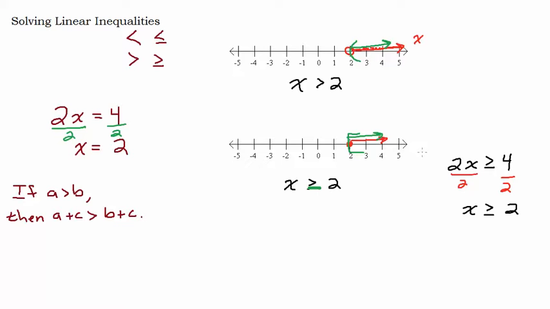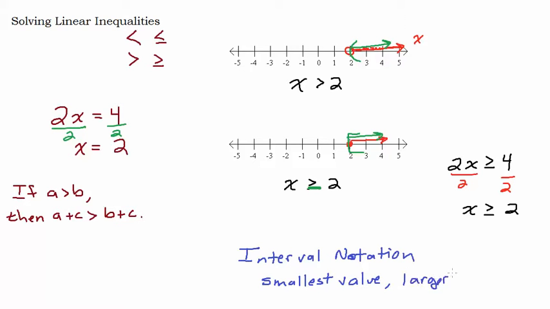Now a third way to express this answer is something called interval notation. Let's do that in blue. With interval notation, you're going to write your answer by first writing the smallest possible value, or the lower boundary, and then a comma, and then the largest value.